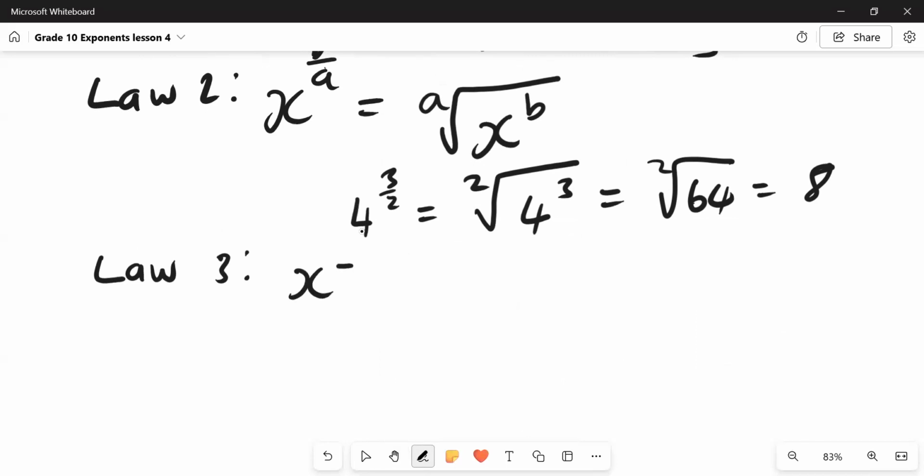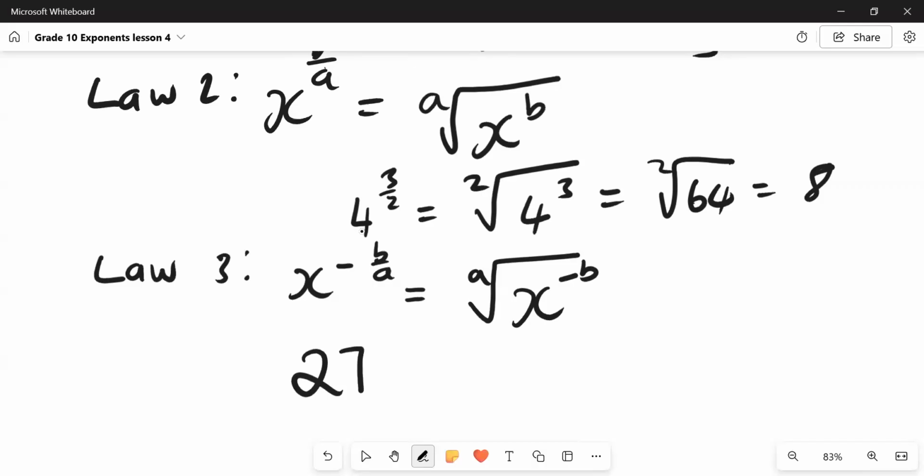X to the power of negative b over a. Again, you'll have your x, negative b there, and then your a outside the root. Example: 27 to the power of negative 1 over 3.